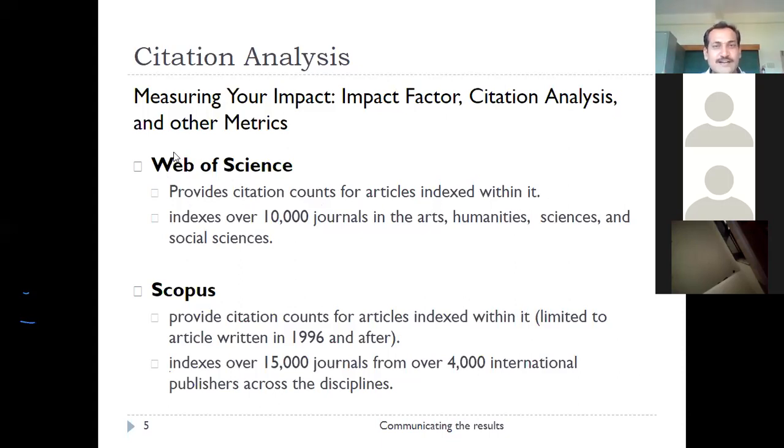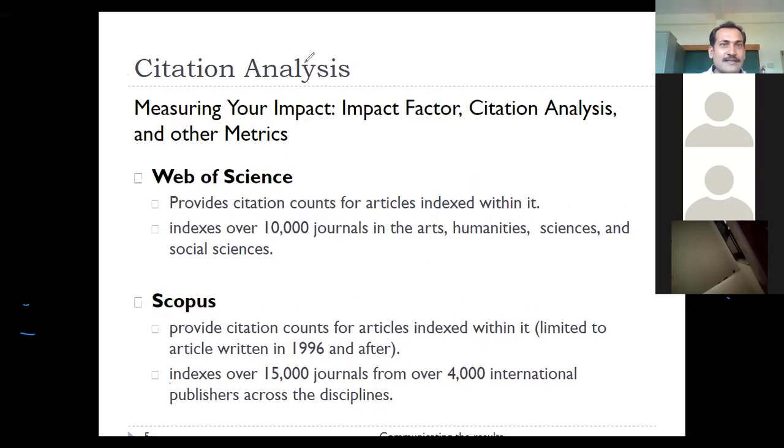It means whatever journals are covered by Web of Science, the articles published in those particular journals, the related citation count will be given by Web of Science, right? It provides citation count for the articles indexed within it, and above 10,000 journals are indexed in Web of Science, right? About 10,000 journals are indexed in Web of Science.